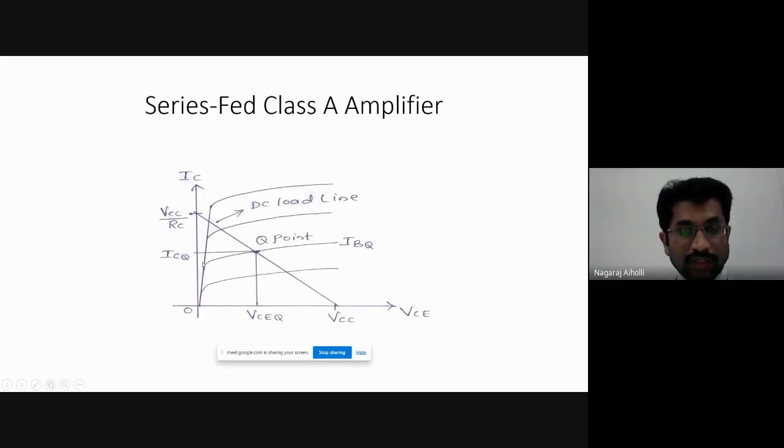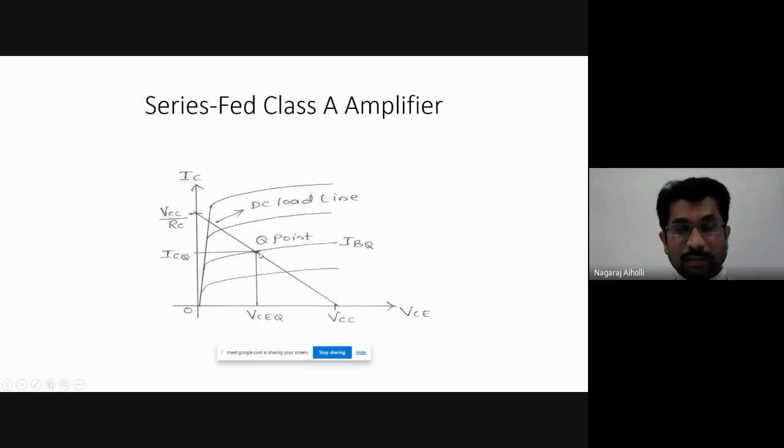So if the collector current is in between 0 and this VCC by RC, then the output signal will have the maximum voltages, because it is at the operating point Q. I told in yesterday's class that this Q point is in the middle portion of the characteristic curve.